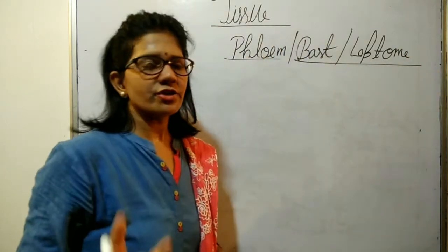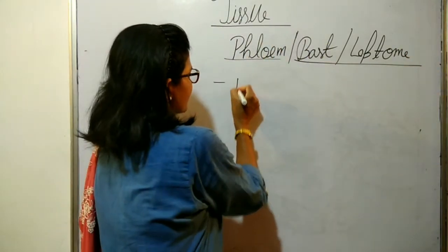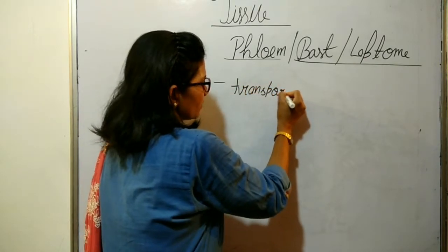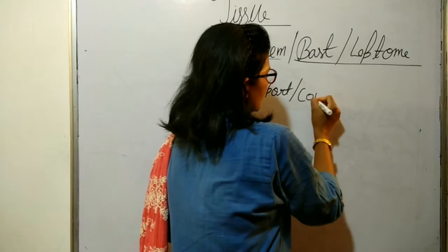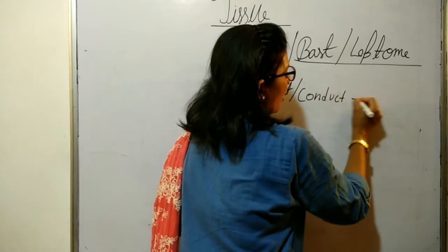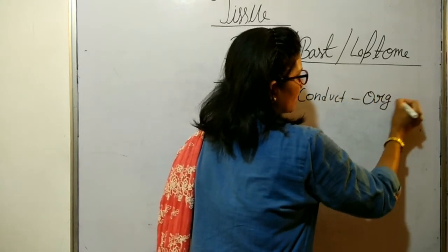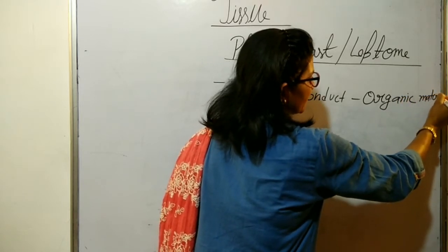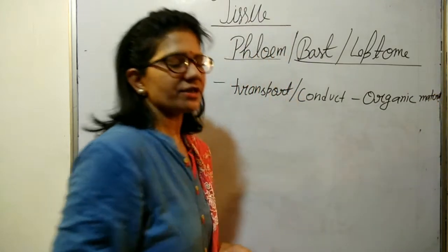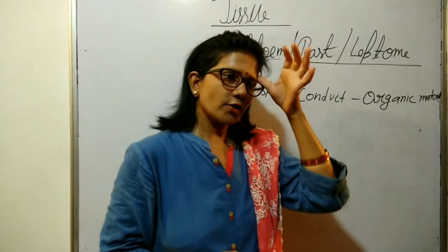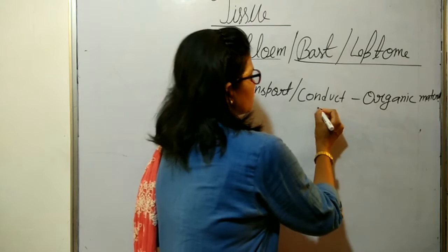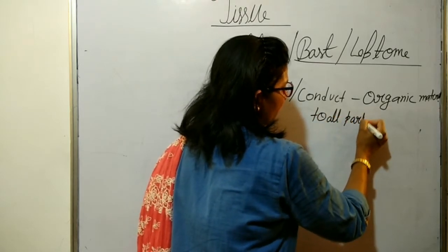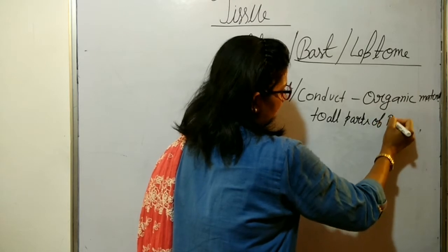What is the main function of phloem? It transports or conducts organic material. Organic material means the food formed by the plants, especially by the process of photosynthesis, to all parts of the plant.